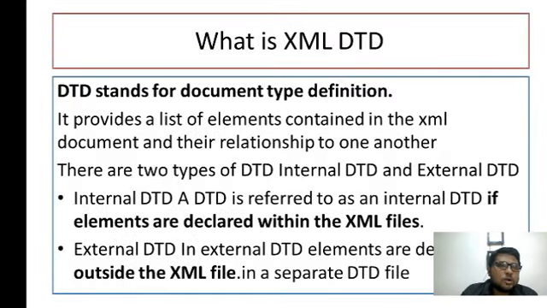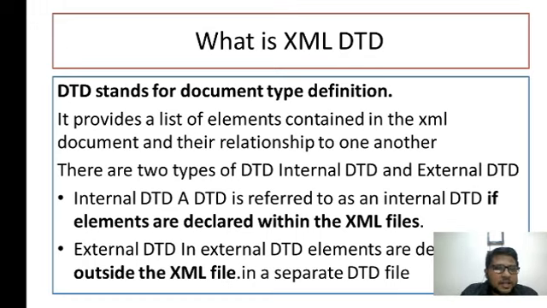Next comes the topic, what is XML DTD? DTD stands for Document Type Definition. It provides a list of elements contained in the XML document and their relationship to one another.